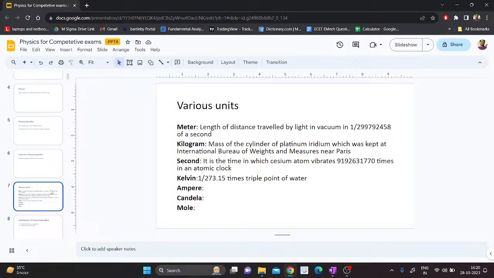Within that particular time, whatever the distance is traveled by light in vacuum.